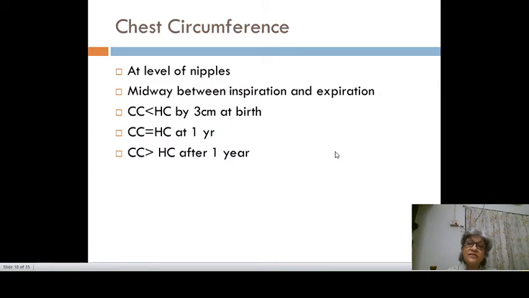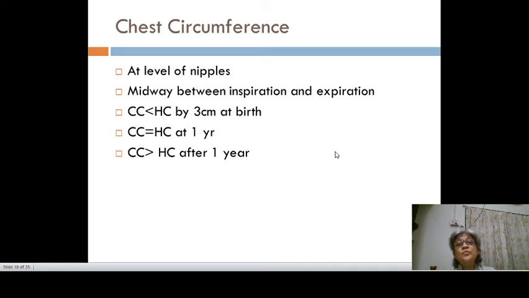Next we come to the chest circumference. Chest circumference is taken at the nipple level, midway between inspiration and expiration. What is the importance? Because the head size is increasing rapidly and the head is relatively large, we see that the chest circumference is less than the head circumference at birth, with a difference of around 3 centimeters.